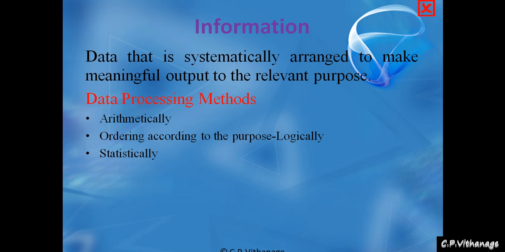When we consider how we get information, the processing methods are arithmetical and logical, that is ordering according to the purpose. Then statistical. There are so many statistical methods, but again the base is arithmetic and logic, right? So that's how we are processing data.